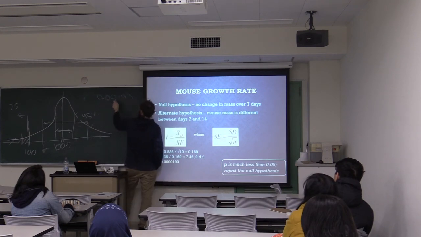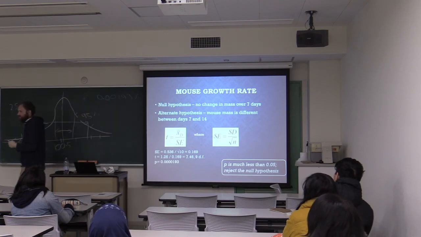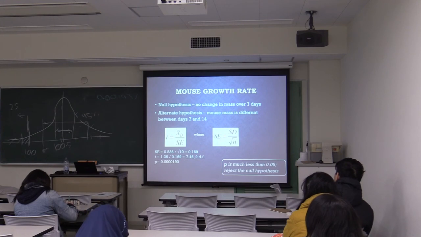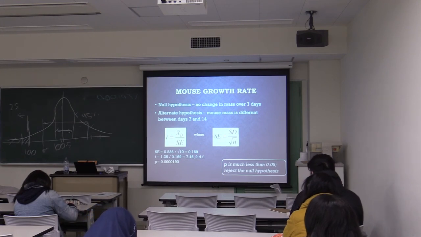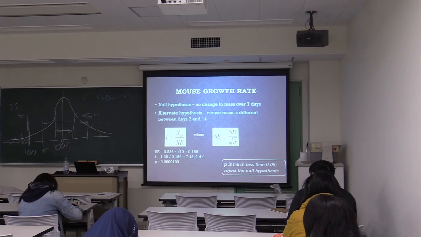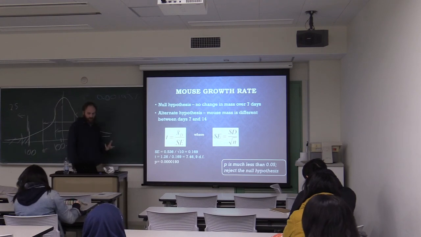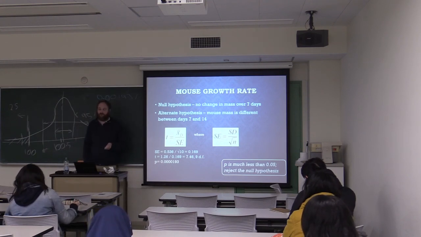So 0.00193% chance that the difference that we find is just random variation, which is tiny. We're 99.99% sure that this difference is real, that it's not a result of random chance.